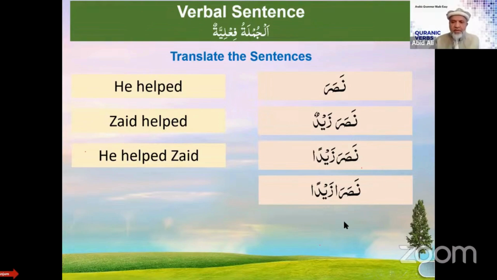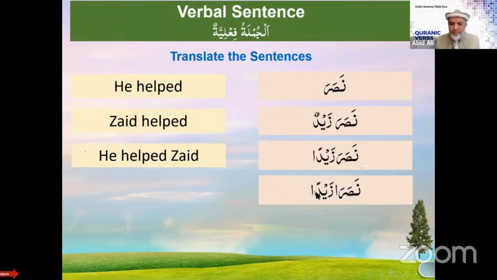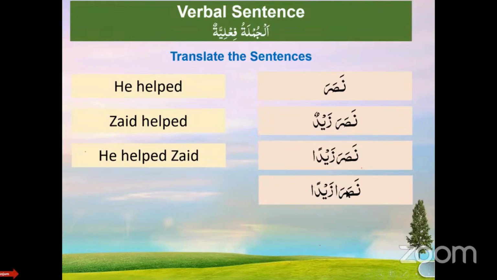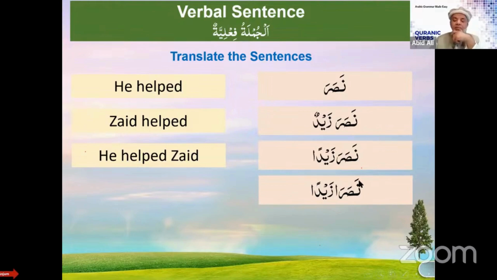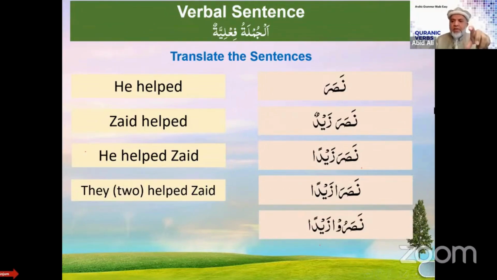Does everybody see what Sister Homa is saying? She saw the Nasara and Zaidan. Is Zaidan in the status of nasab? Yes? Zaidan is nasab because it's maf'ul, and Nasara is the fail. So the fail is they two, which is Nasara, Zaidan is the maf'ul. So this is they two helped Zaid.